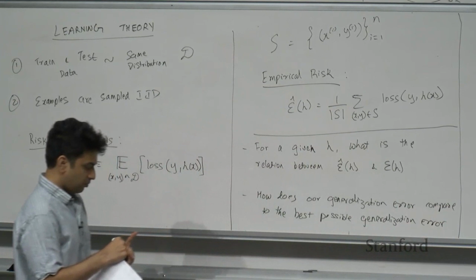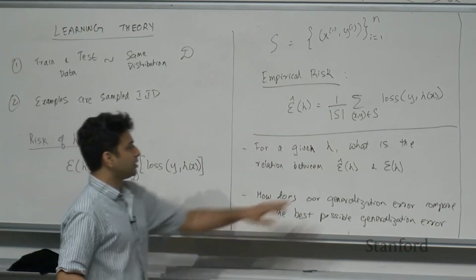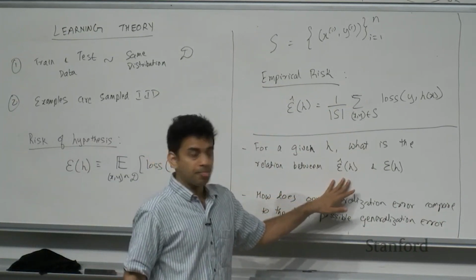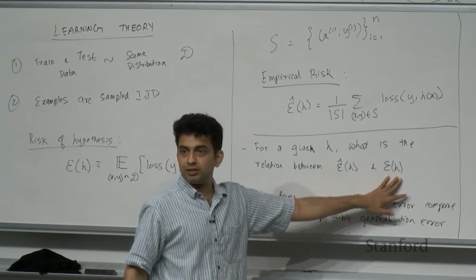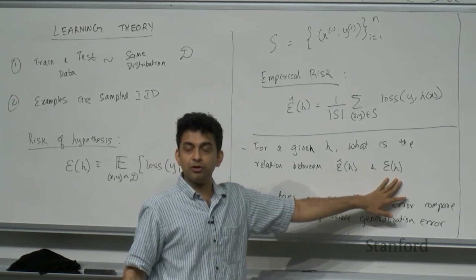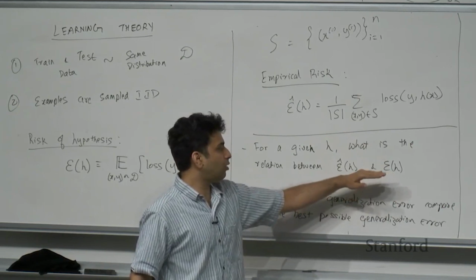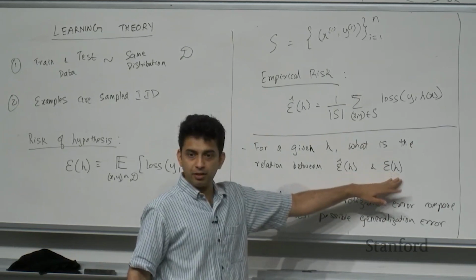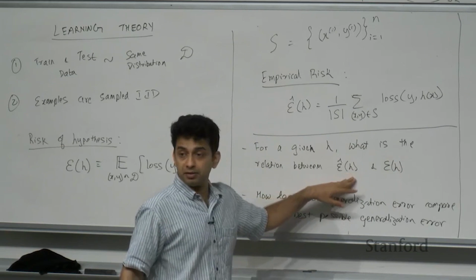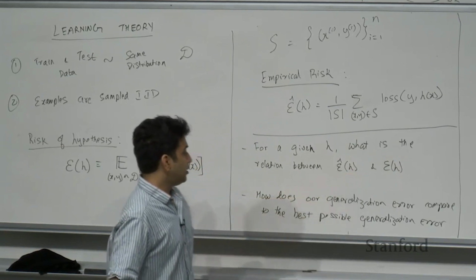Right? So, our training error is something that we can measure. The generalization error is something that we cannot measure. But we're going to use some theory to make statements about, or give bounds on, how well our generalization error will be, given that our training error is some value. Right?